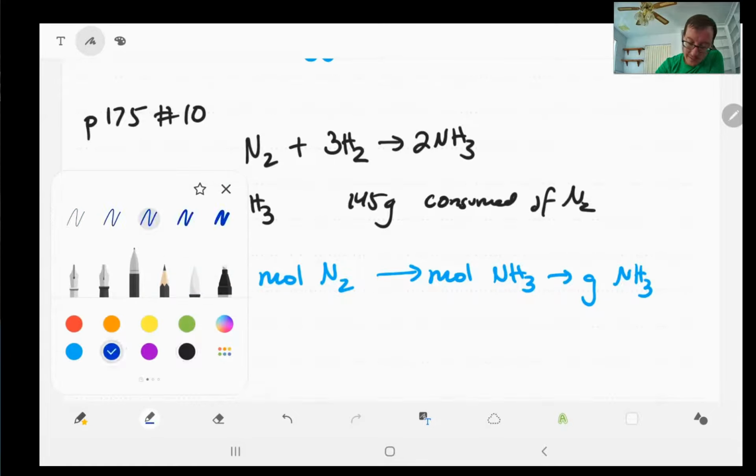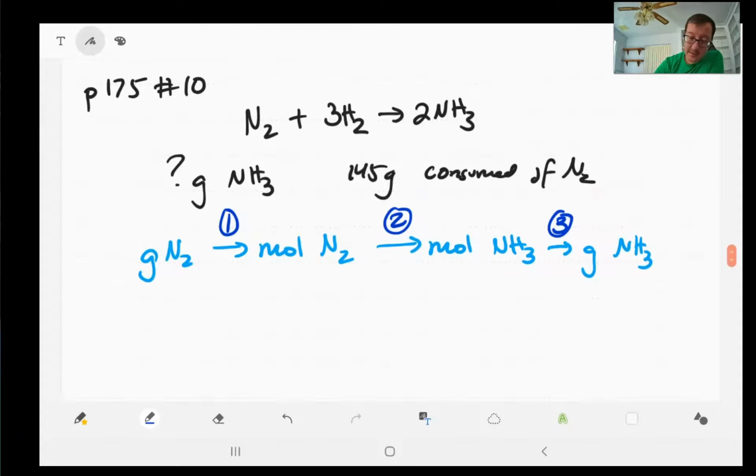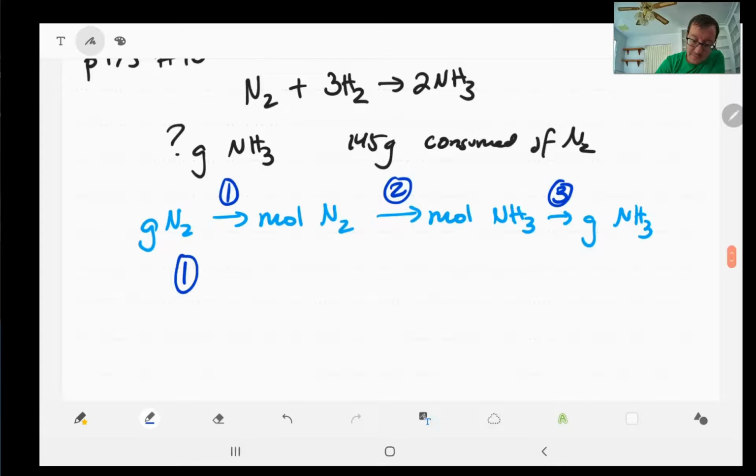So, as always, we'll need one conversion factor per arrow here in our plan. Numbers 1 and 3 are molar masses, because that's how we're going between moles and grams. So number 1 is the molar mass of nitrogen, which is 28.02 grams per mole, or I could even write that as a conversion factor.